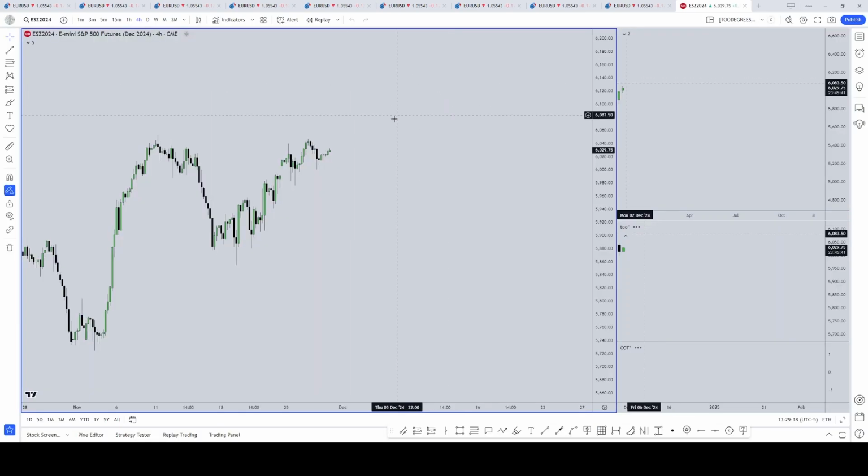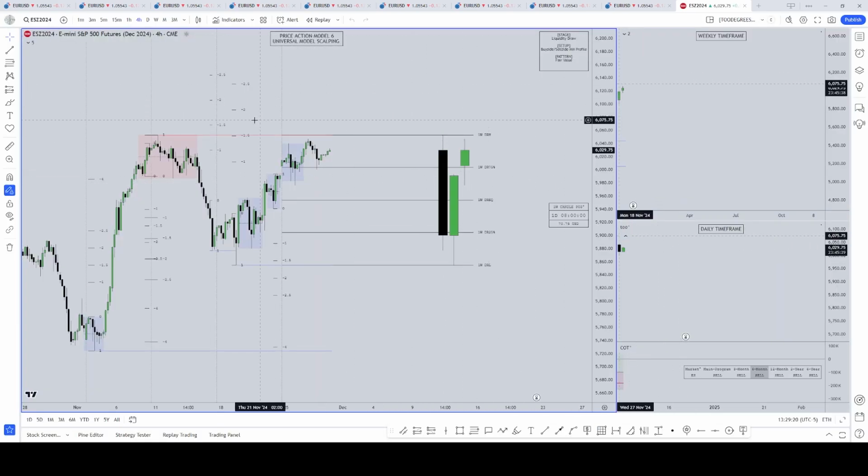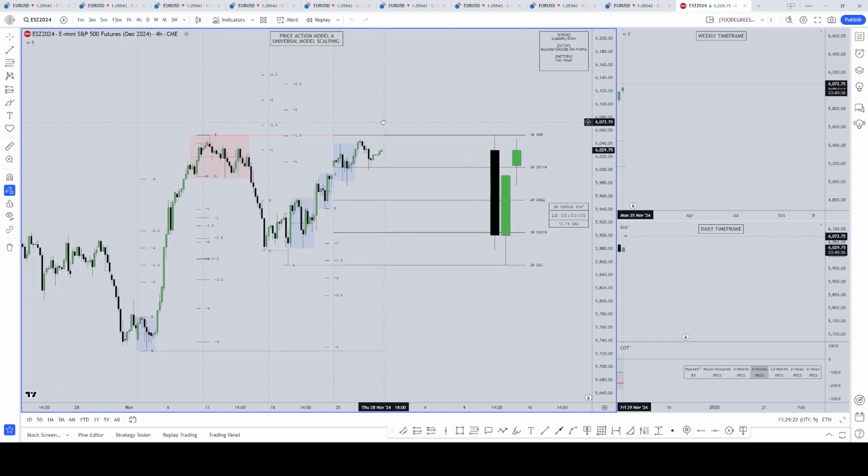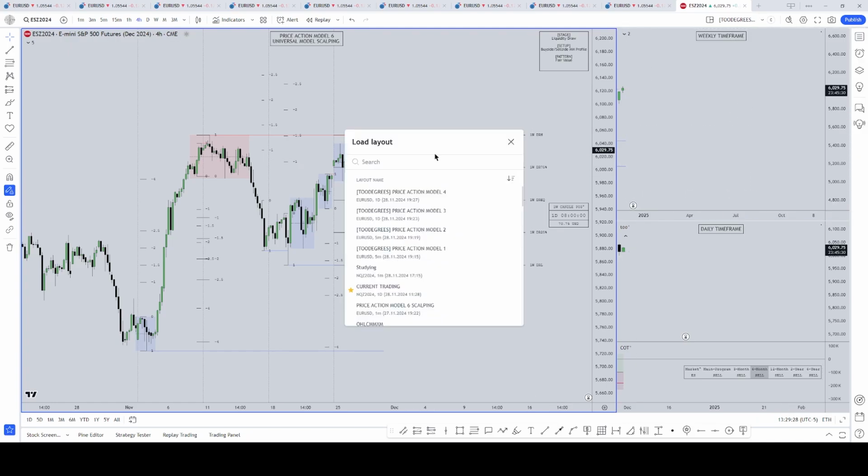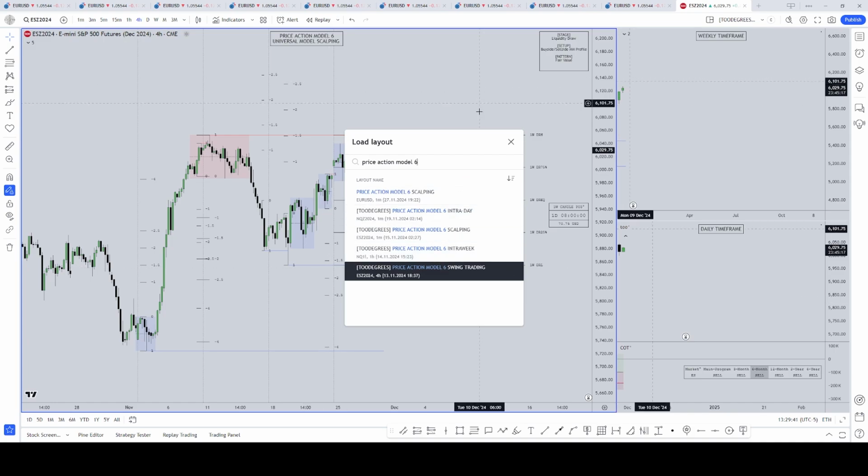He gave out multiple templates for time frame alignment. So let me just load model 6. We have intraday, we have scalping, we have intra-week, and we have swing trading. There are different ways to use it, so I've added a template for each one of them.